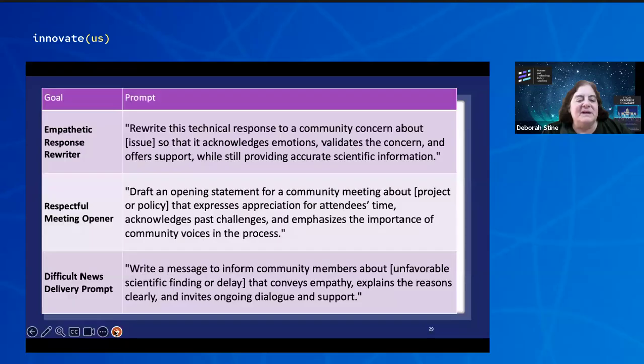Have a good opening for the meeting to make it clear that you are interested, that you appreciate their time, that you really do want to hear what they have to say. And sometimes when you do have difficult news, a good prompt is to come up with ways of delivering that difficult news as best you can.